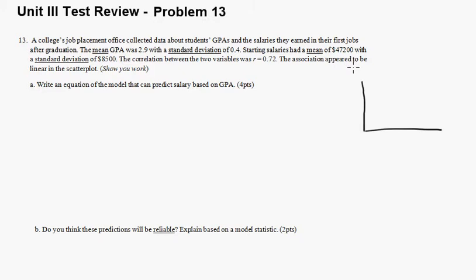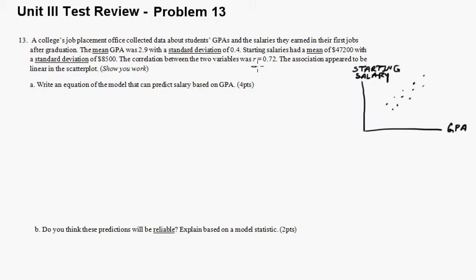So you could think of the response variable as starting salary, and your GPA as the predictor variable. As you get a higher GPA in college, maybe there's some kind of linear relationship. I have no idea, but that's what they're telling us.